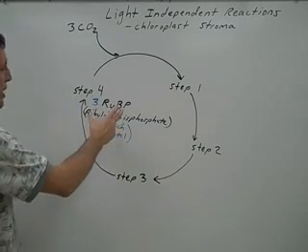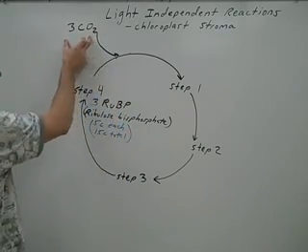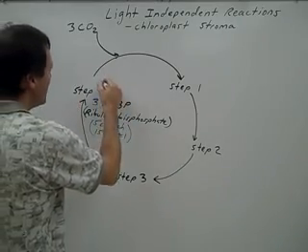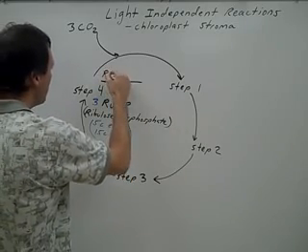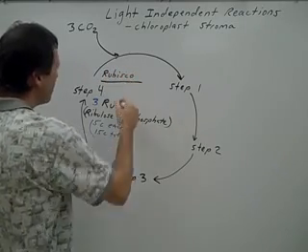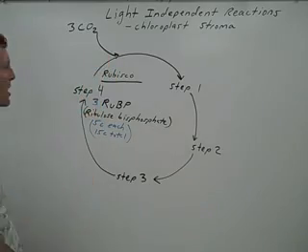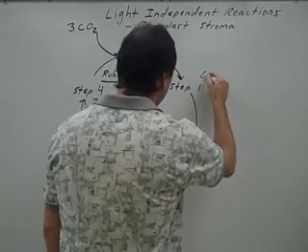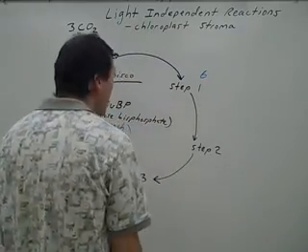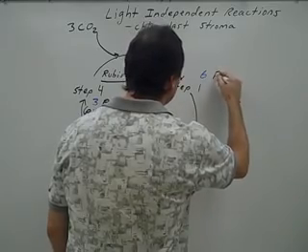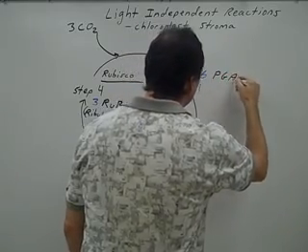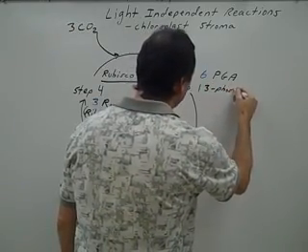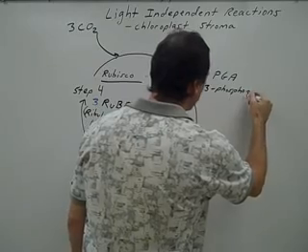So these 3 molecules of RuBP are going to undergo a chemical reaction with 3 molecules of CO2 by way of an enzyme called Rubisco. This enzyme catalyzes this chemical reaction. And what we're going to end up with is 6 molecules of PGA. PGA stands for 3-phosphoglycerate.